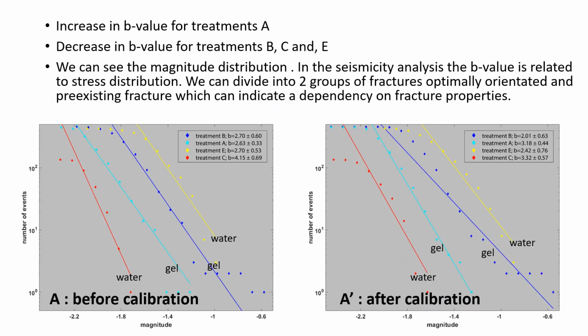That is what we see here with an increased b-value for treatment A and a decreased b-value for treatments B, C, and E. And this is where A is prior to magnitude calibration, and A prime is the results after magnitude calibration. And we can see in comparison between the prior and post magnitude calibration that there.